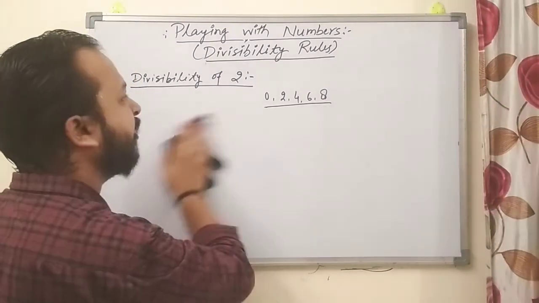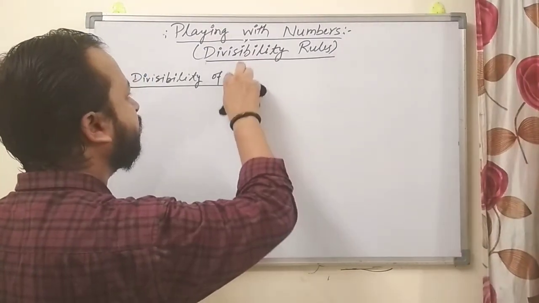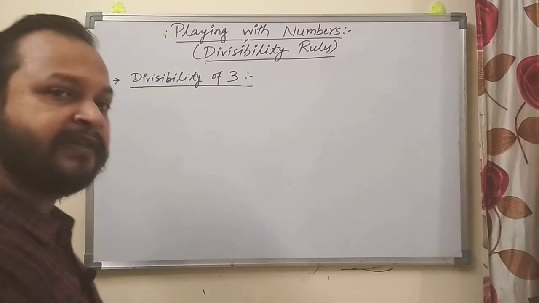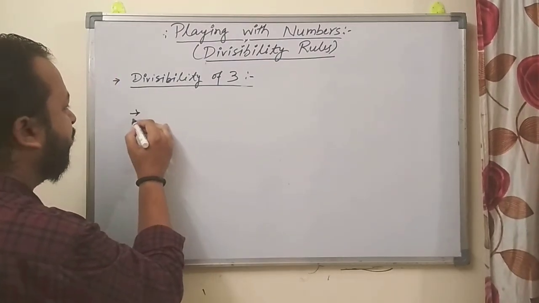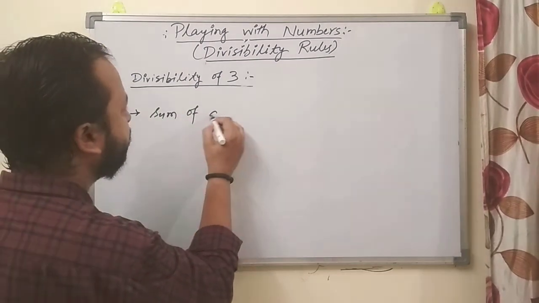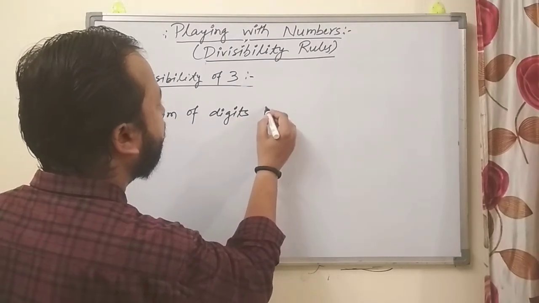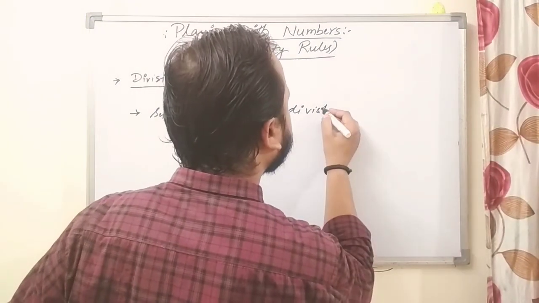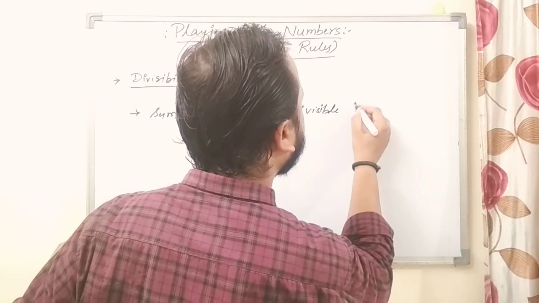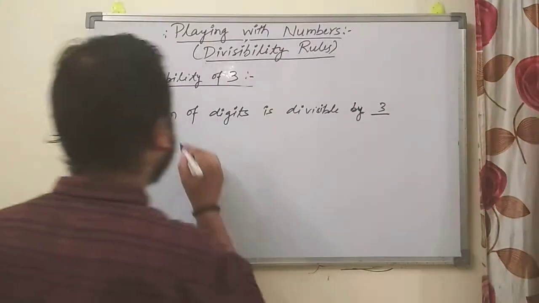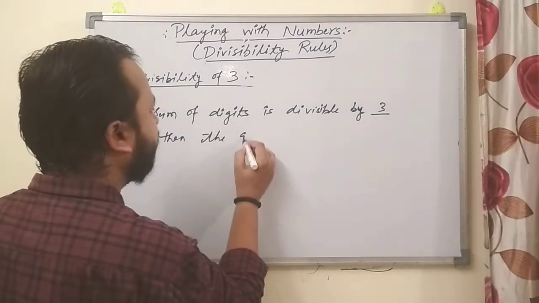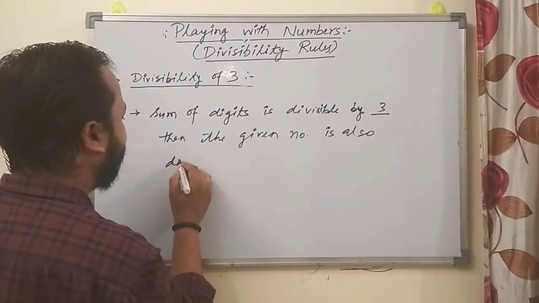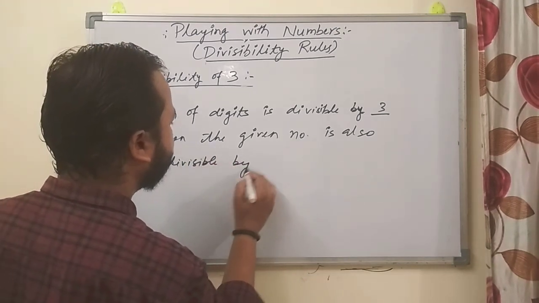Now come to divisibility of 3. If the sum of digits is divisible by 3, then the given number is also divisible by 3.